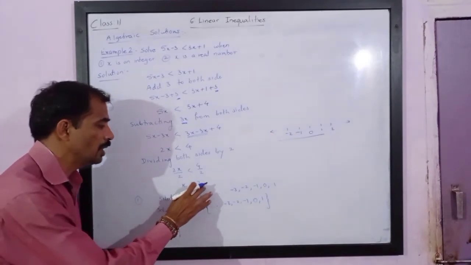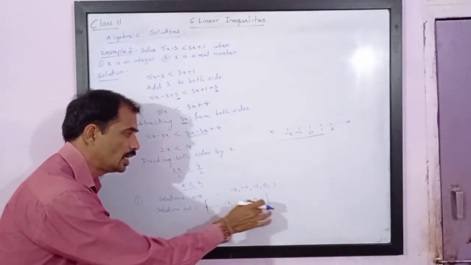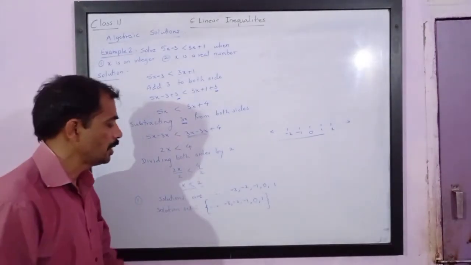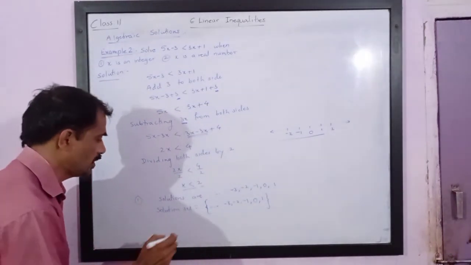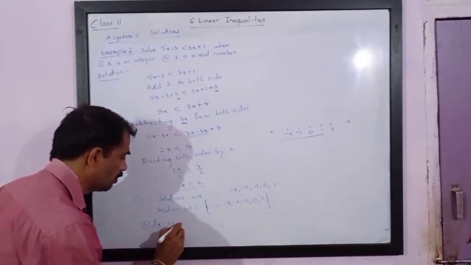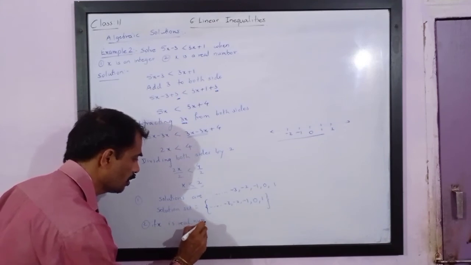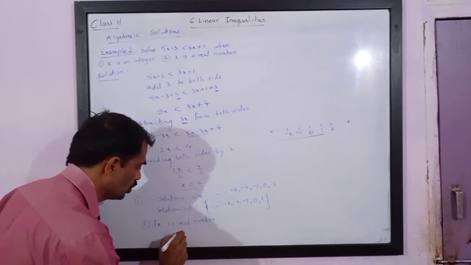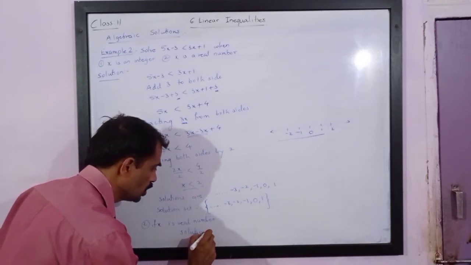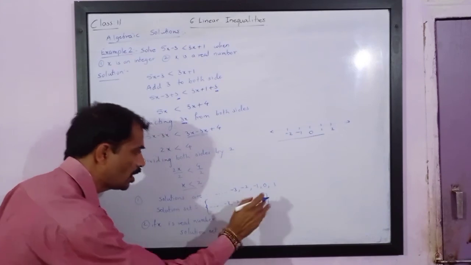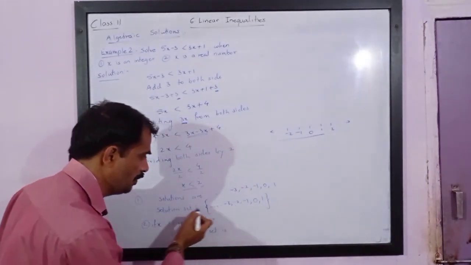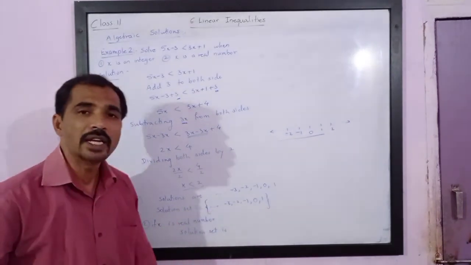So in order to represent this, we cannot write in the form of this set. We can write it in bracket form, as we have already studied in the first chapter. If x is a real number, then the solution set we cannot write in this form. The solution set is, please try to understand, this side it is extending up to some defined negative number.